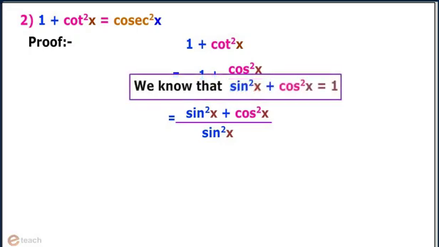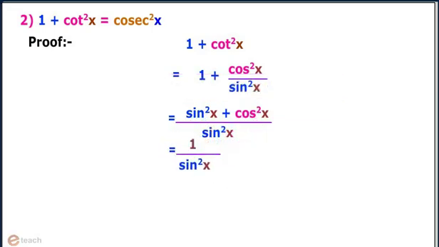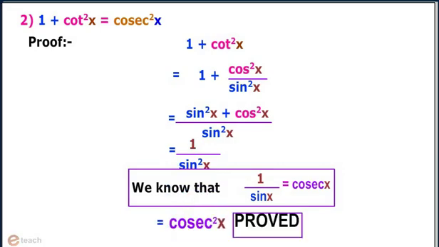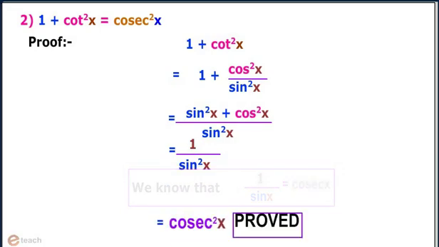We know that sin square x plus cos square x equals 1. So it simplifies to 1 by sin square x. We know that 1 by sin x equals cosec x. So this simplifies to cosec square x, which is the right hand side, hence proved.